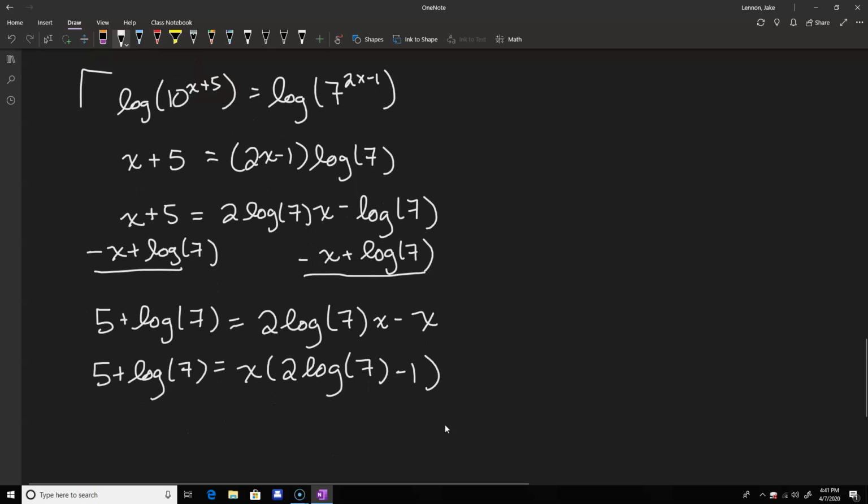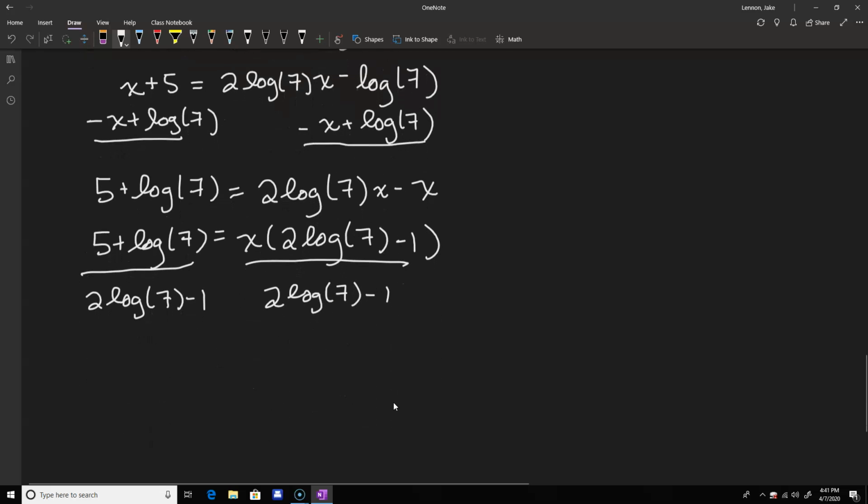And then we can solve for x by dividing by that parenthetical quantity. So on both sides, we'll divide by 2 log 7 minus 1. So that's our value for x, technically 5 plus log of 7 divided by 2 log 7 minus 1.